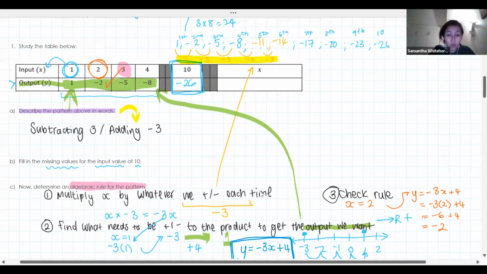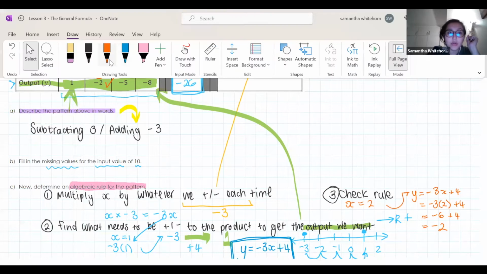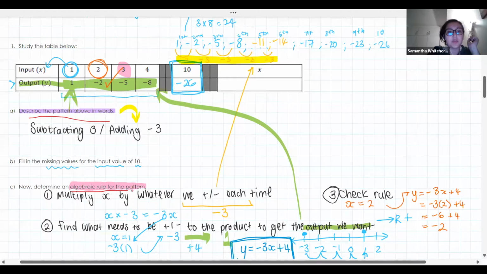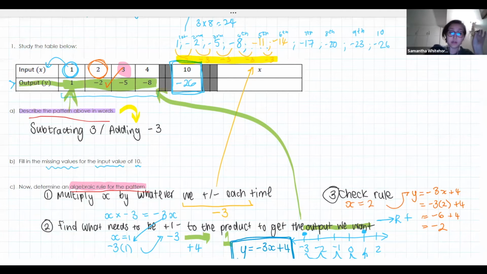I think I know what you're trying to ask. And if it's not this, then you need to put your question on the chat. So we said our description of our pattern is subtracting 3. That was just the start of it if I wanted to describe it in words. However, describing a pattern in words and doing an algebraic rule are two different things. There's a description in words and there's an algebraic rule. They're going to look different, okay?